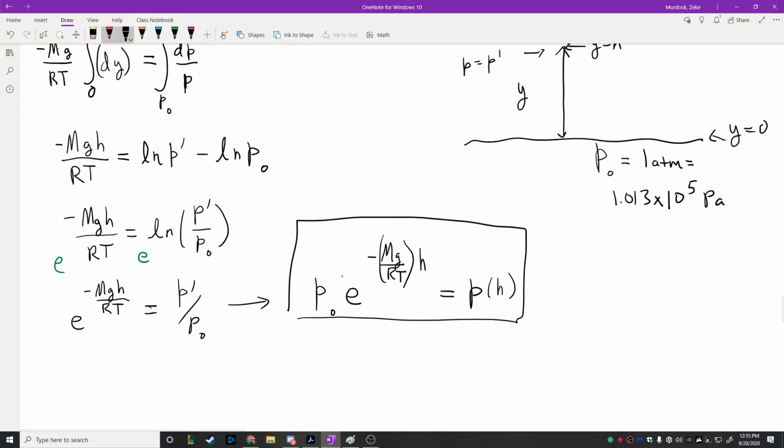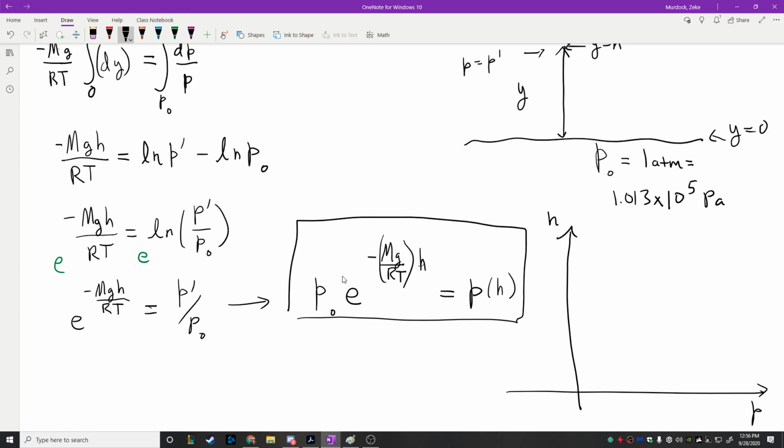So what does that look like? Well, if I were to plot, we probably put height right here, right? This would be the height, or the y-axis, whatever you want to call it. And this would be your pressure. When the height is very small, the pressure should be close to 1, or P naught.